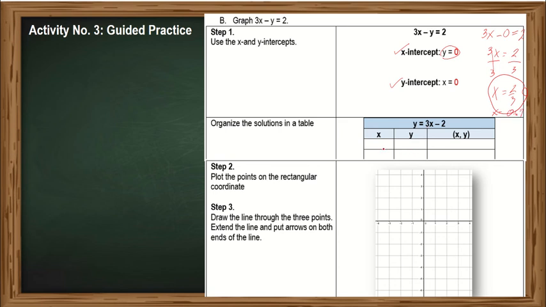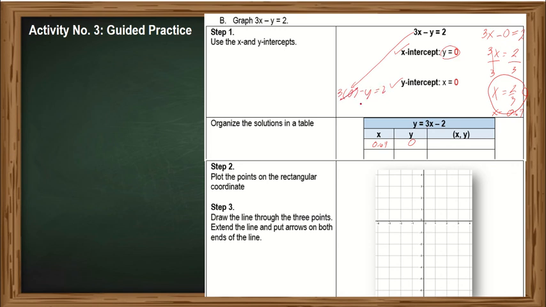So our x is 0.67 and our y is 0. Then we have the y-intercept, when x equals 0, so you have 3 times 0 minus y equals 2.